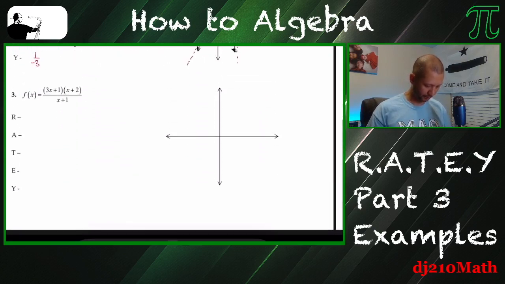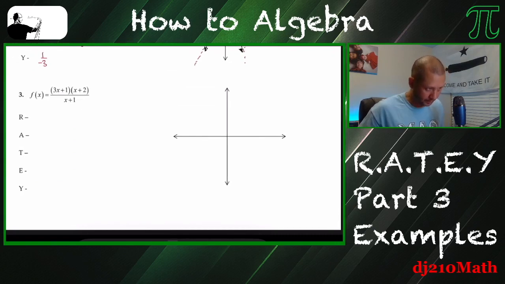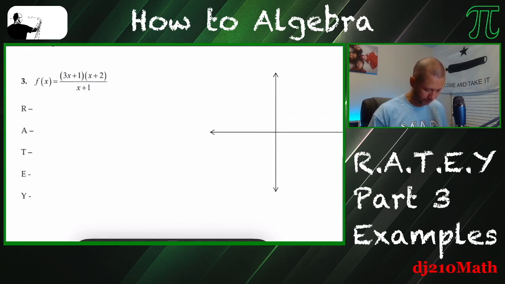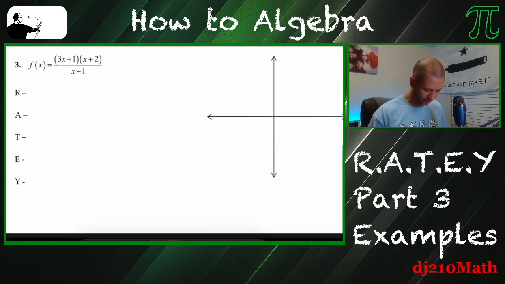All right, number 3. It's already factored, so that's nice. All right, we're going to set the top equal to 0.